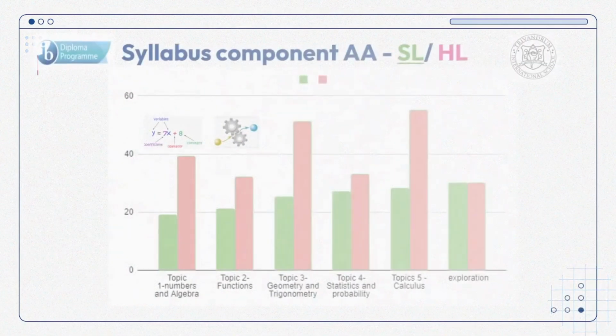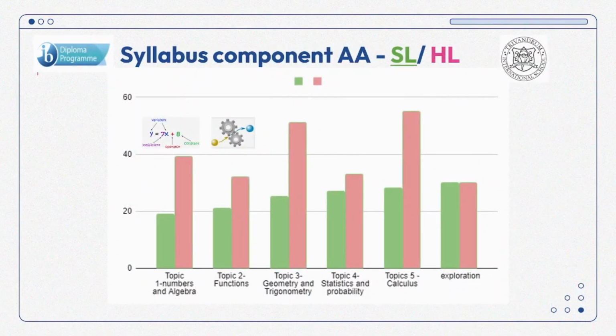The syllabus components of AA are shown here. There are 5 topics along with exploration, out of which calculus has the highest weightage. The exploration time for SL and HL is the same.